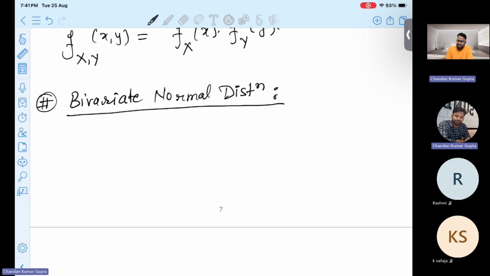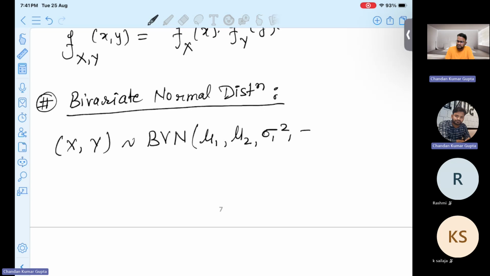So first thing is its notation. If X, Y are two random variables that follow the bivariate normal distribution, the parameters are five: mu1, mu2, sigma1 square, sigma2 square, and one coefficient, the association between X and Y, usually denoted by rho, which is called the correlation coefficient.